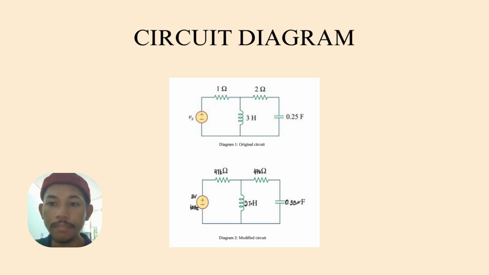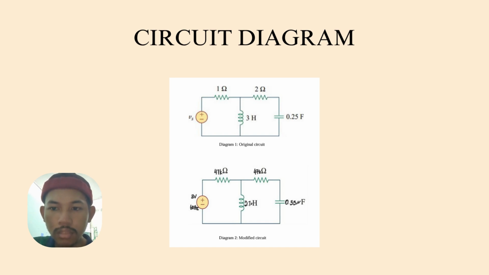step by step. So the circuit consists of a capacitor with capacitance 0.33 times 10 power of negative 6 farads, and next an inductor with inductance 2.7 times 10 power of negative 3 henries.